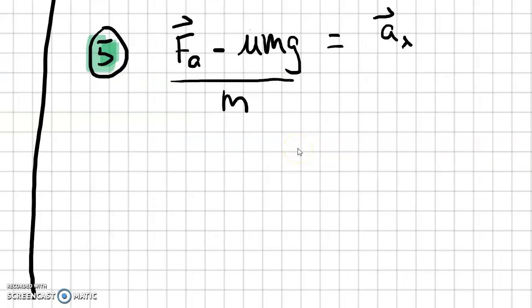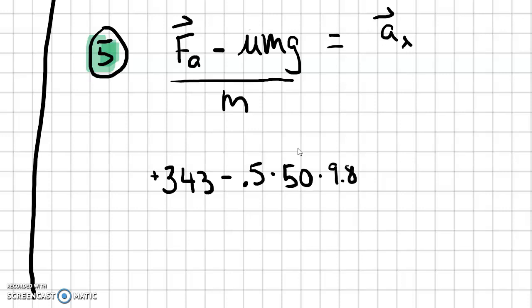So let's put the numbers in. The applied force from the previous section was 343, and that was in a positive direction. This is sliding now, so the coefficient of friction is 0.5. The mass is still 50 kilograms, and gravity is still 9.8 newtons per kilogram. Divide that all by mass, and that is going to equal the acceleration in the x direction.